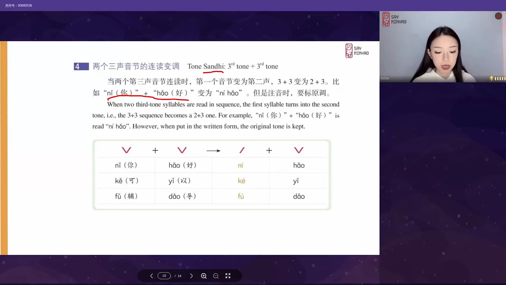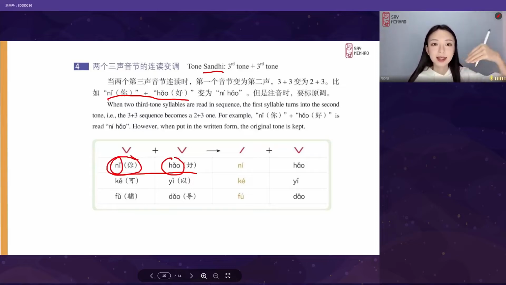Let's see the examples. First one is 你好, which means hello, hello. They're all third tone syllables. Then in this situation, we should change this 你 into the second tone. 你好.